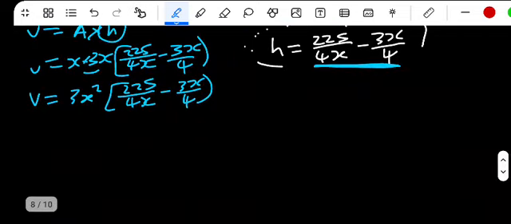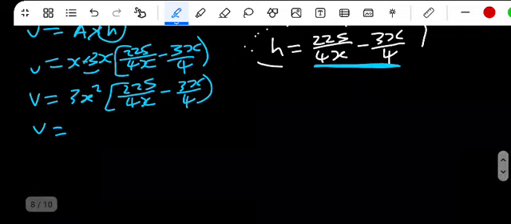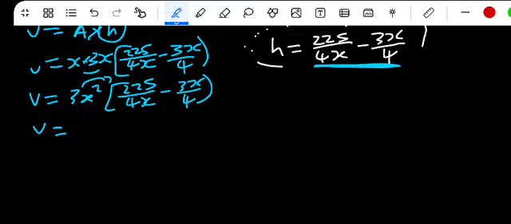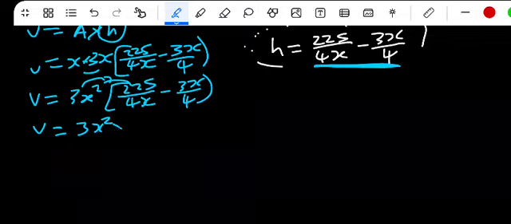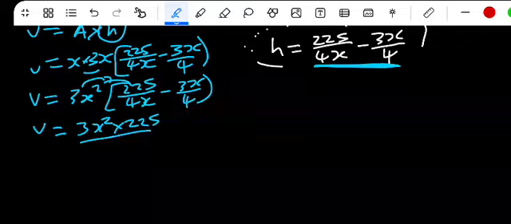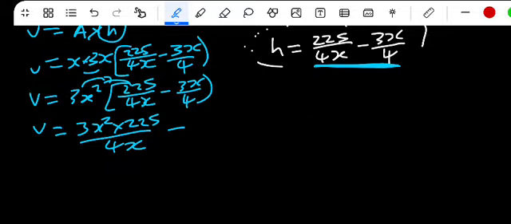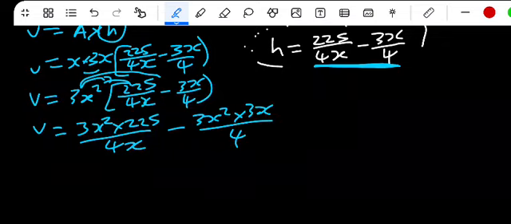Alright, so let's see. The math will take us where? Distribute there. When you distribute, you multiply those 3x squared by 225 over 4x, minus, you distribute again, there will be 3x squared multiplied by this 3x over 4.